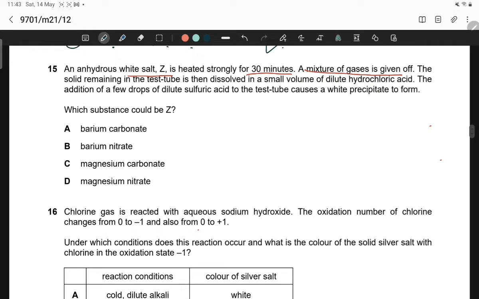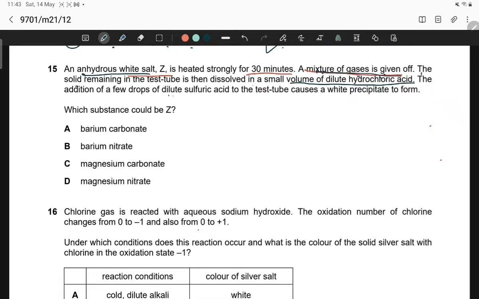An anhydrous white salt Z is heated strongly for 30 minutes and a mixture of gases is given off. The solid remaining in the test tube is then dissolved in a small volume of dilute hydrochloric acid.